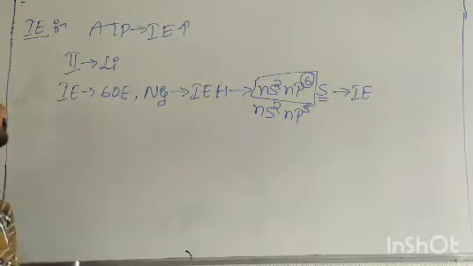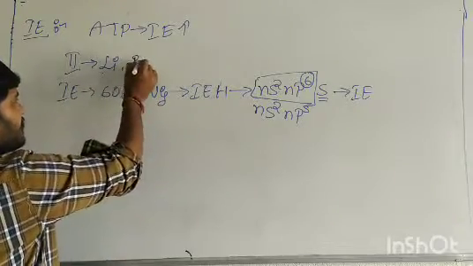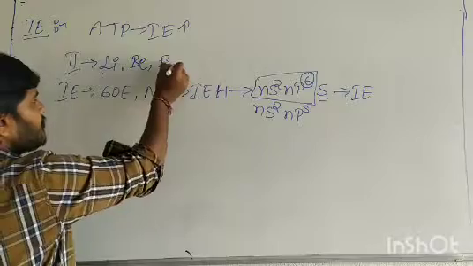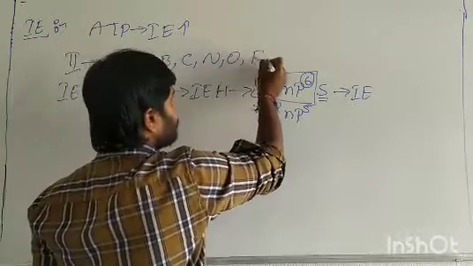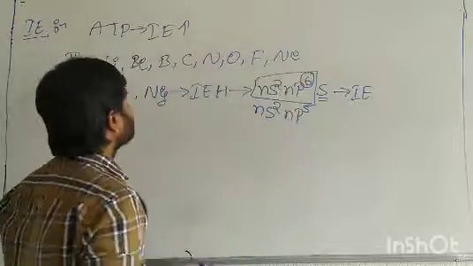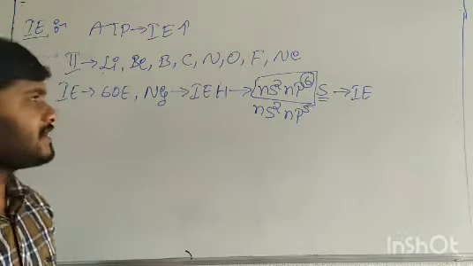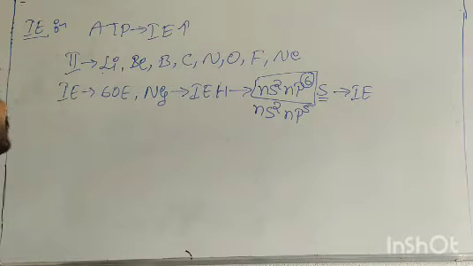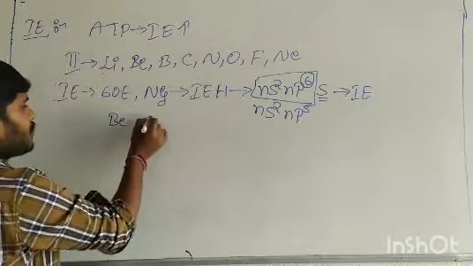And one more thing guys, for the second period we knew that along the period ionization enthalpy increases, right? The second period consists of lithium, beryllium, boron, carbon, nitrogen, oxygen, fluorine and neon. These are the elements of the second period. In this series, take beryllium and boron.